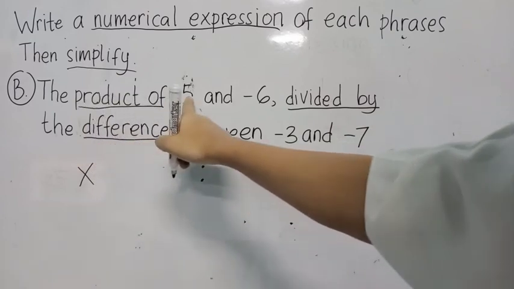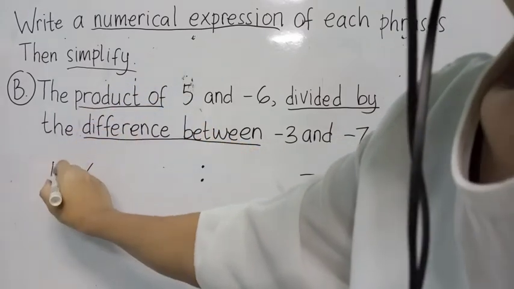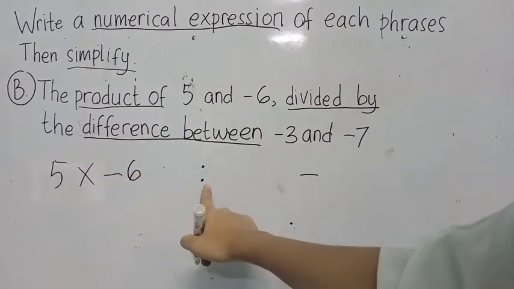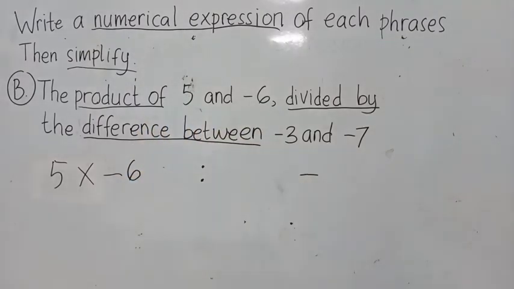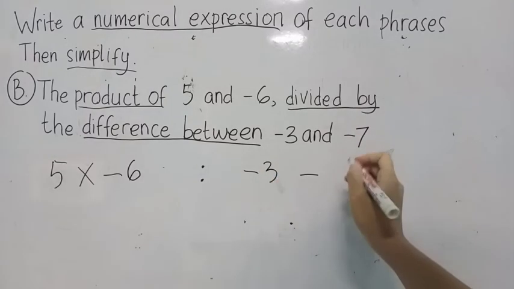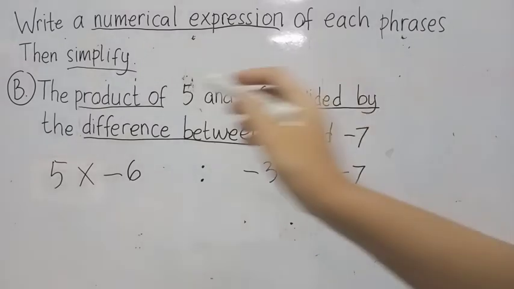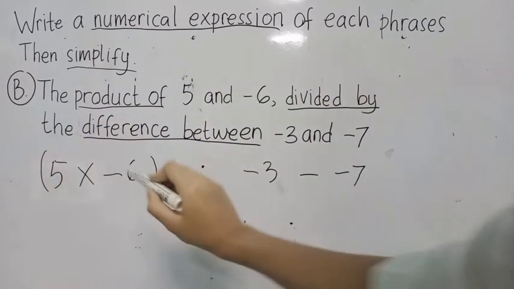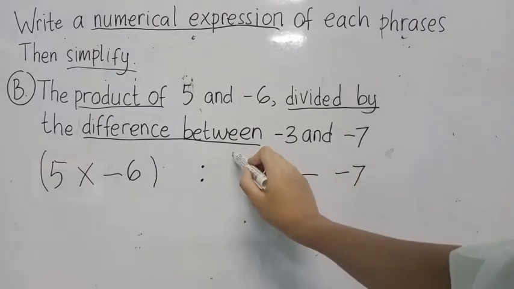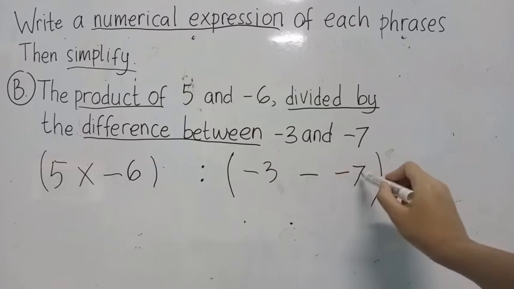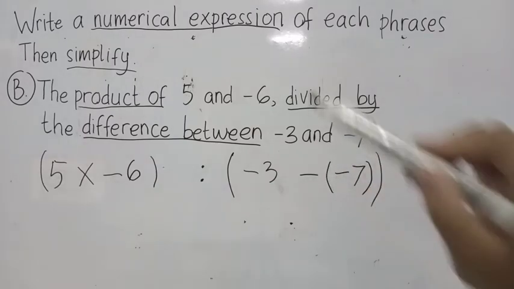Okay, now let's fill in the blanks with the numbers. The product of 5 and negative 6 divided by the difference between negative 3 and negative 7. To make it simple, we can write brackets here and here, and between negative 3 and negative 7, please put brackets too.